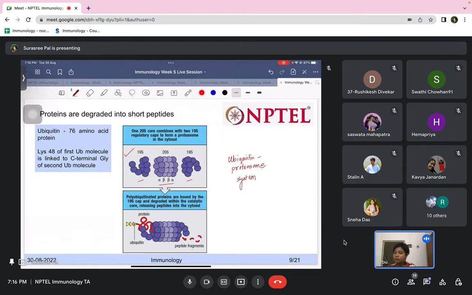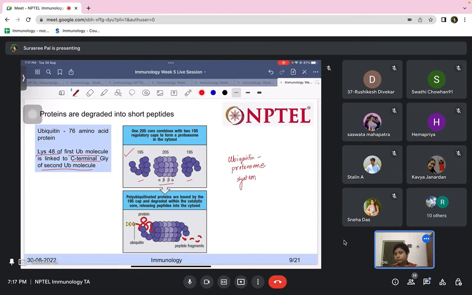Lysine 48 of the first ubiquitin molecule is linked to the C-terminal glycine of the second ubiquitin molecule. So the first ubiquitin molecule is associated with the target protein, and then the 48th amino acid, lysine, is added to the C-terminal glycine of the second ubiquitin molecule.